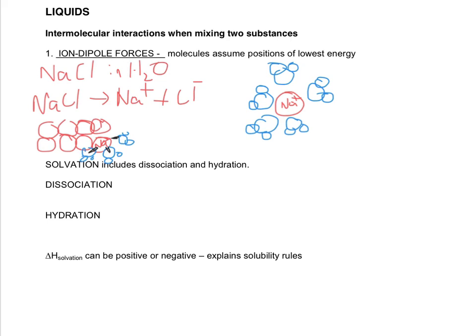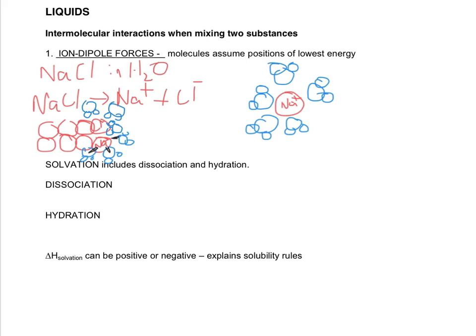Okay, then the same thing happens with the Cl minus. So here's your Cl minus right there. And so now the water will surround it from the other side, with the hydrogens next to that chlorine, because the hydrogens are partially positive and the chlorine is negative.